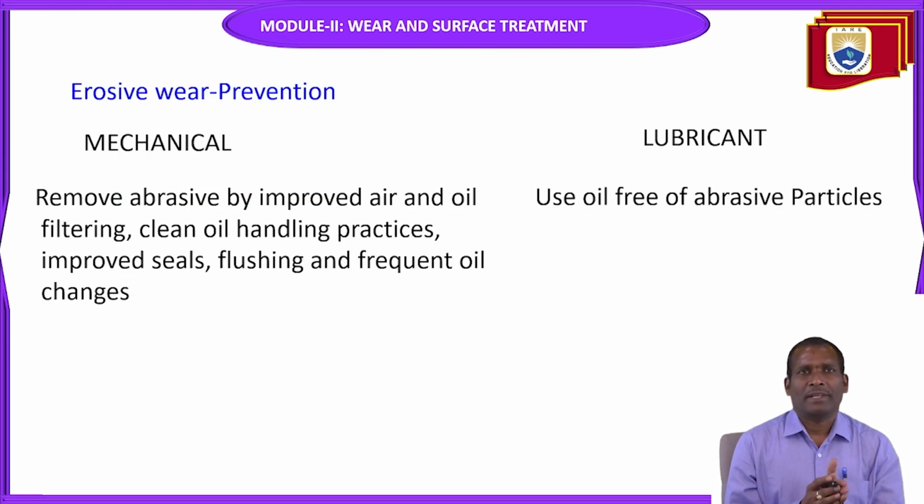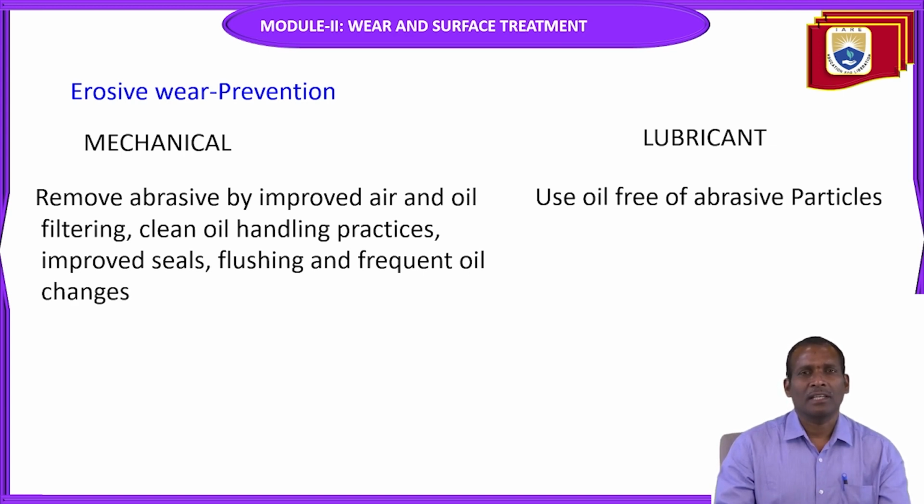So how to prevent this type of wear? From the mechanical point of view, remove abrasive materials by improved air and oil filtering. Whatever lubricant oil you are using, first filter it.